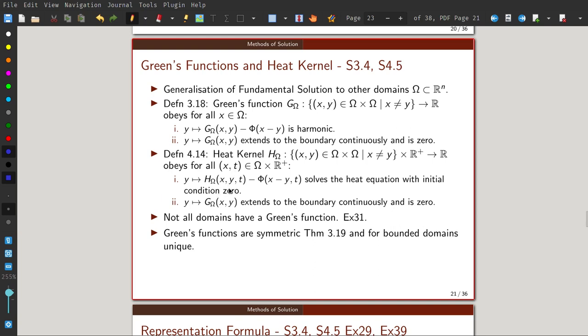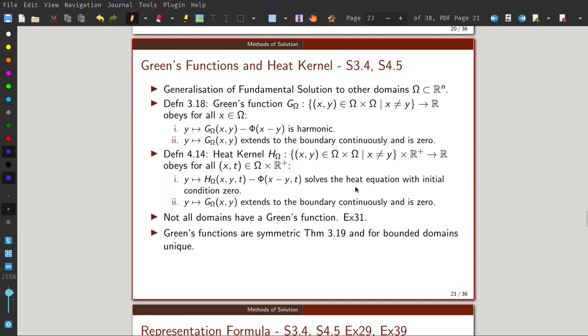We have a very similar condition here: instead of the fundamental solution for the Laplace equation, we have the fundamental solution for the heat equation, and for every point x and time t, as a function in y, this should solve the heat equation, instead of being harmonic, and the initial condition should be 0 for t equals 0. This should just be identically 0. And then condition 2, it extends to the boundary and is 0 on the boundary.